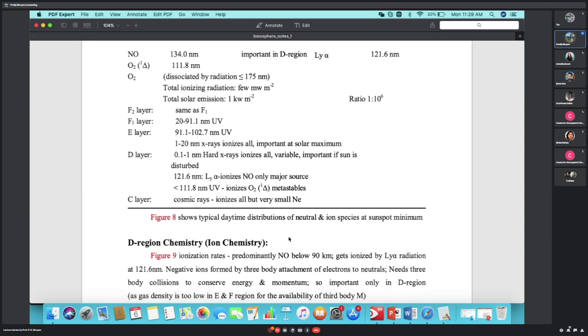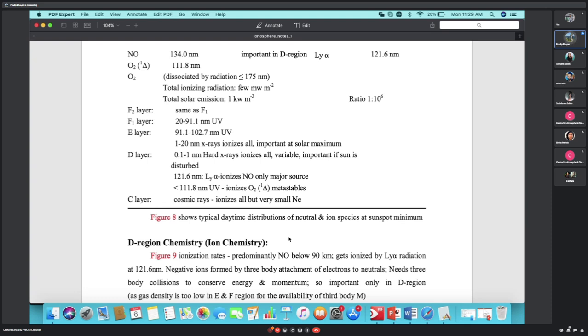The D-layer ionization mechanism is very complicated. You bring in all sorts of species. One species combines with another species, then recombination takes place, and then dissociation, etc. It is very complicated.